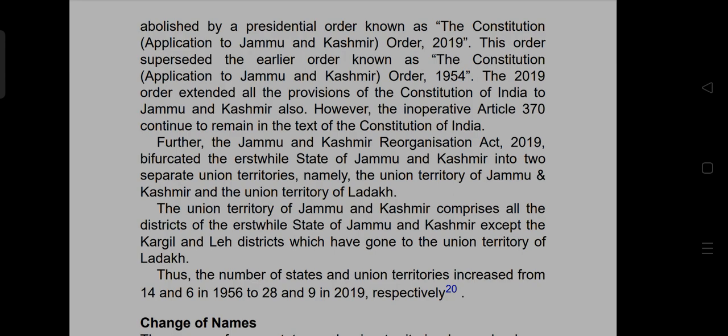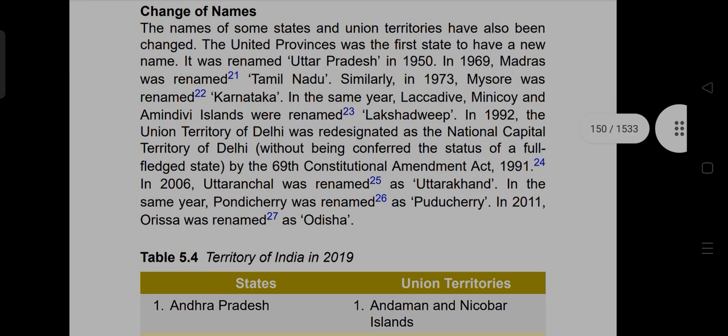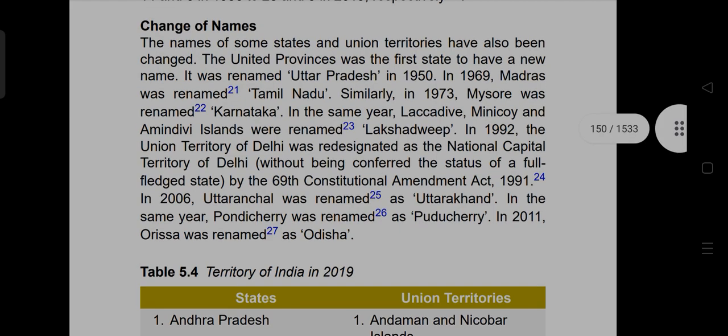Thus, the number of states and union territories increased from 14 and 6 in 1956 to 28 and 9 in 2019, respectively. Change of the names. The names of some states and union territories have also been changed.